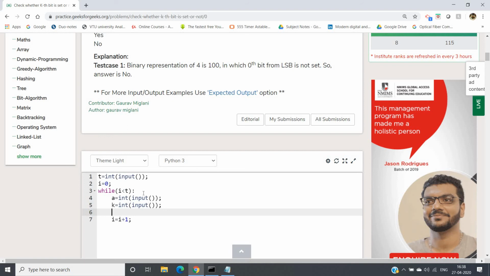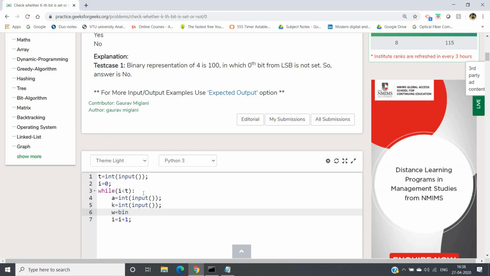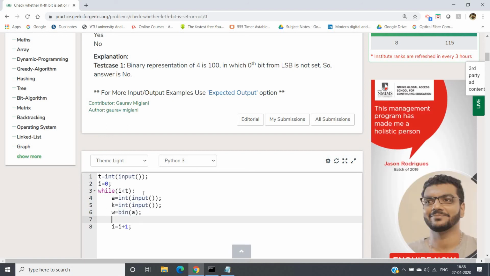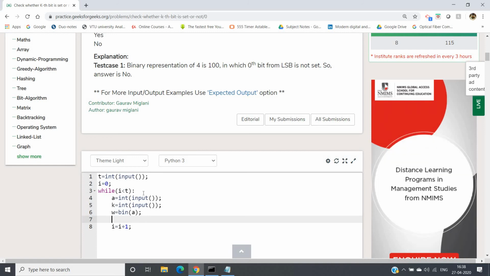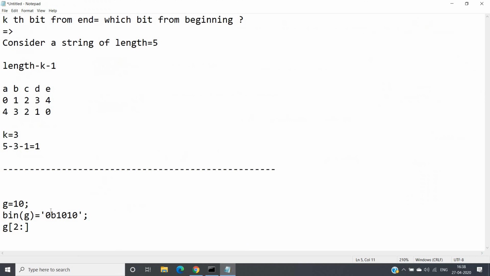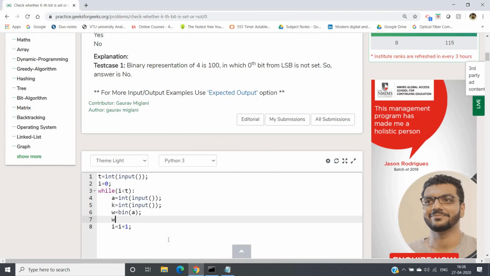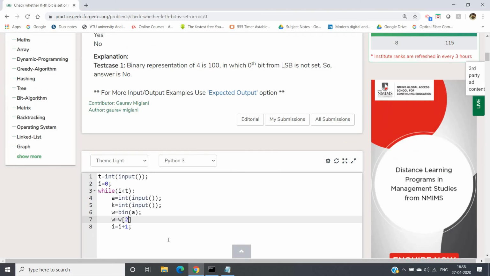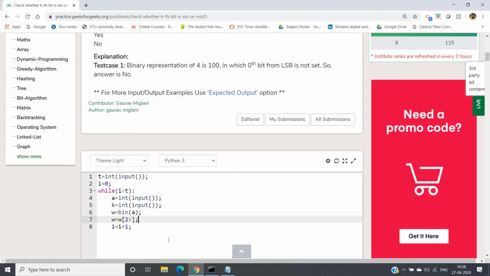Okay, now we convert: w equal to bin of a. Then, as I told you, in our binary representation we don't require the first two characters, that is the 0b part, so w equal to w sliced from 2 to the end.